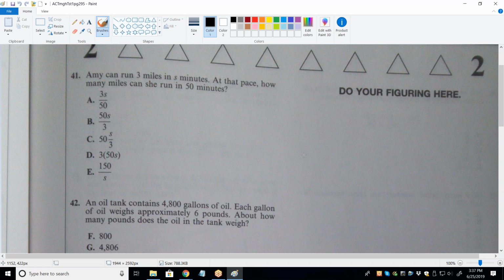Oh, wait, 3 miles in s minutes. So that's 3 times 50s. Wait a minute. I'll answer D. Hold on, Amy. It's a little tricky, isn't it? How many miles? So 3 over s. What method are you using to solve this?